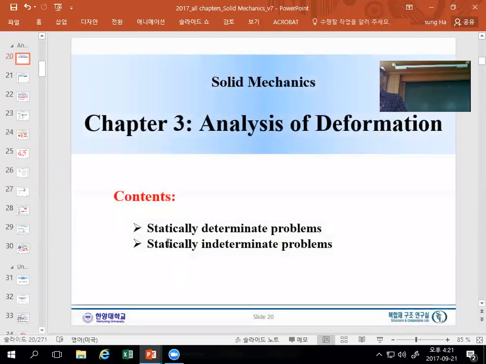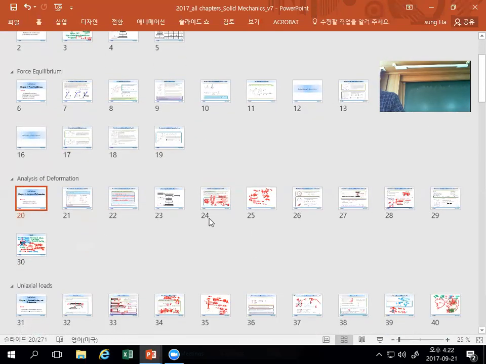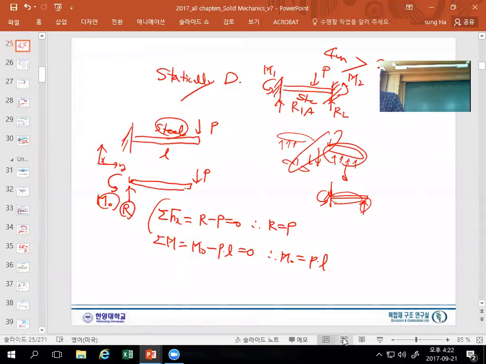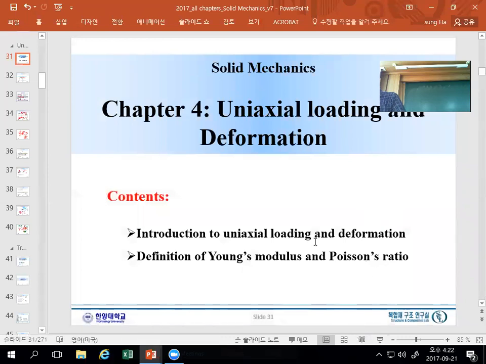Okay. Now let's move to the next chapter. What I'm trying to do is cover the whole lecture notes. Now I'd like to spend about 50 minutes and cover a very important subject about uniaxial deformation.